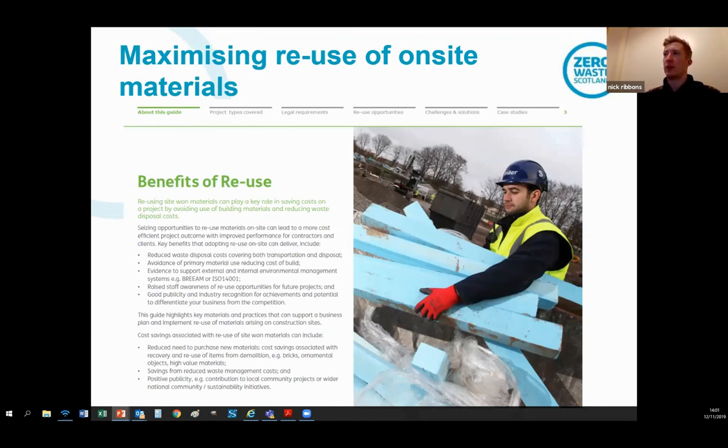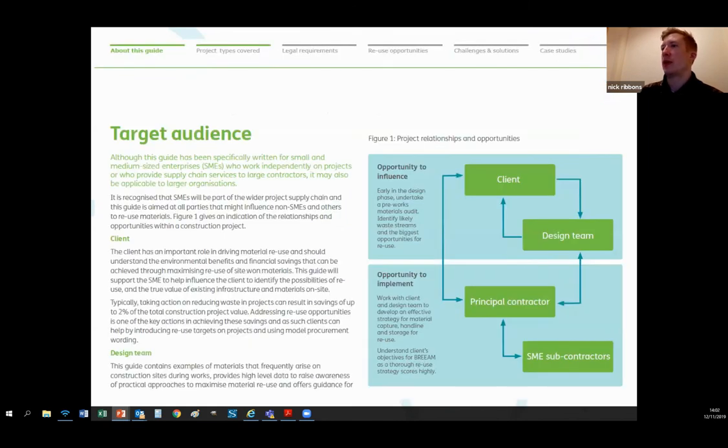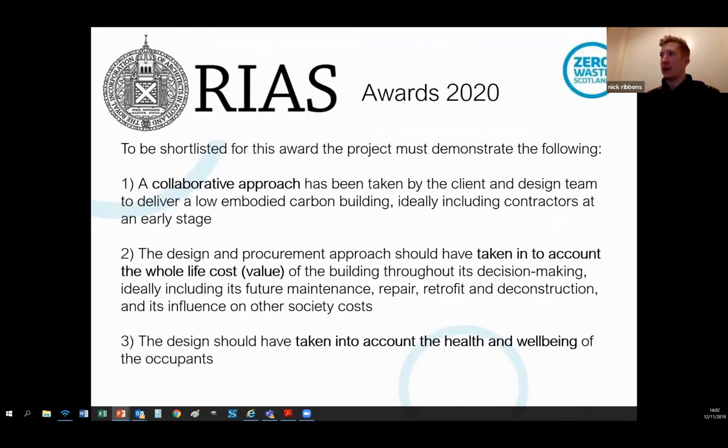We also have this guide for maximising the reuse of on-site materials, and it really talks through who you might be, whether you're a client, design team, contractor, subcontractor, understanding what sorts of materials arise on site and how these can be reused. Finally, I don't know how relevant this is, but we are sponsoring a RIAS award, and there are a number of criteria which are relevant to that, and you will need to meet.